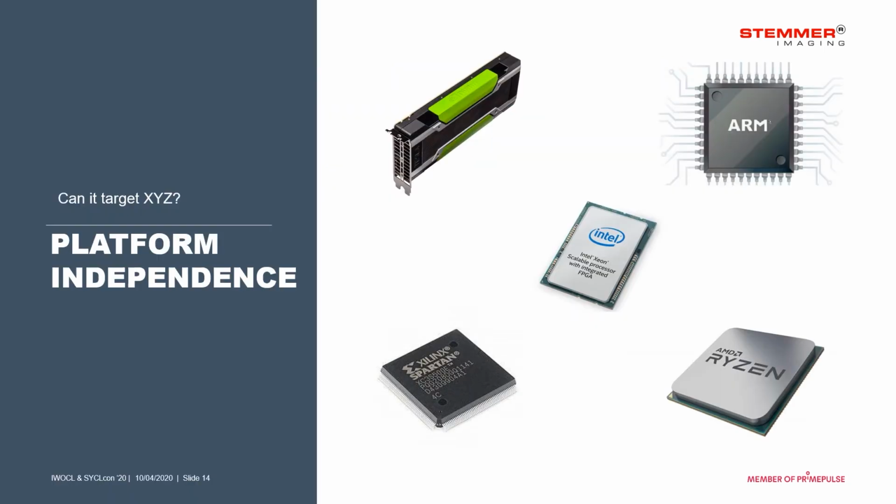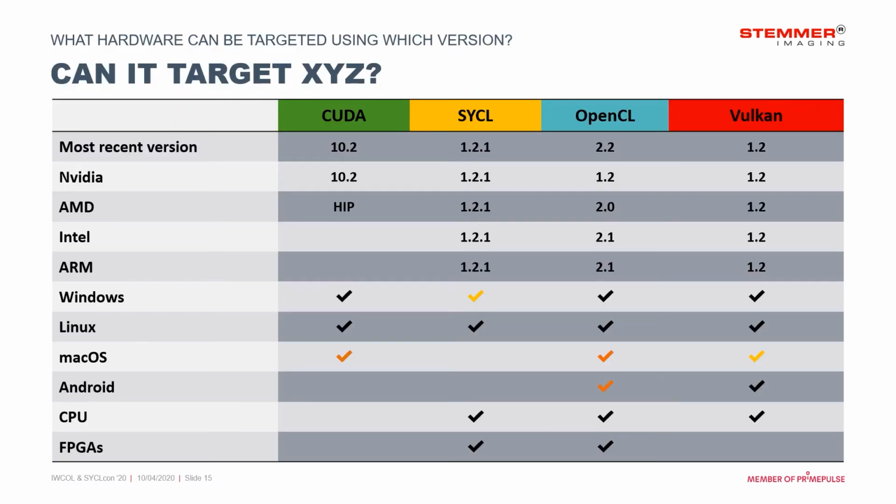The last point of comparison is the platform independence. For us, it's important that we don't only have one vendor that we can target with an API, but we can target many different devices. So which API or programming model can target which vendor's devices or operating systems?